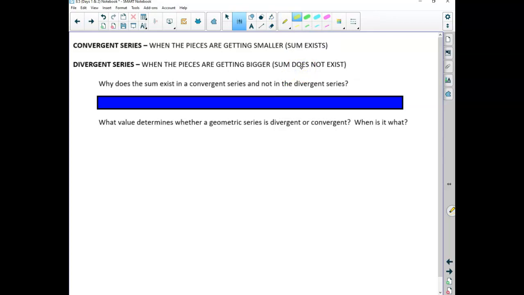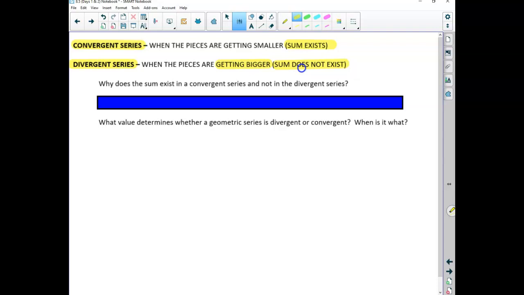And in a convergent series, the sum exists, because it converges to a particular number. If my terms are getting bigger and bigger, well, my sum doesn't exist because it diverges. Divergent means I am approaching positive or negative infinity.